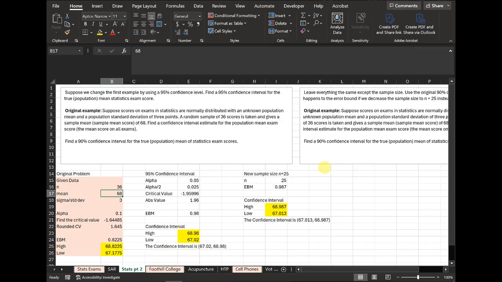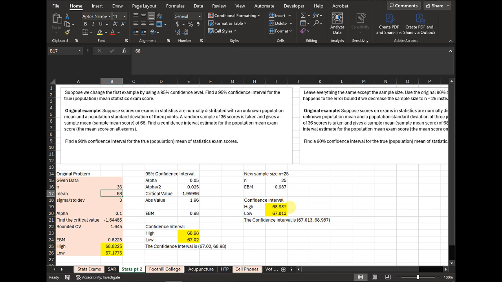So if I wanted to have a decent range that might tell me where the true population mean lies, not my sample mean that I keep finding, well, at the end of the day, it's a thing of pulling different levers.